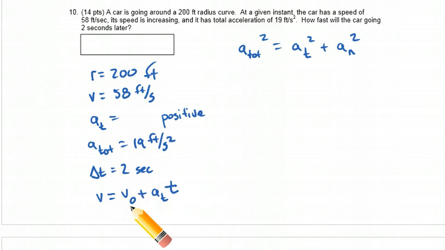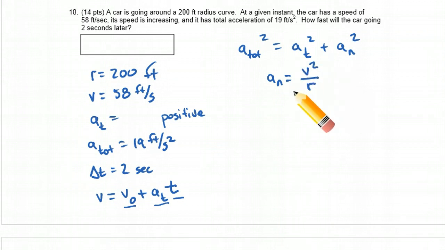We know the initial velocity and we know our time, so we need to find the tangential acceleration to find that final velocity. To find the tangential acceleration, we know the total acceleration, and we also need to remember that a sub n is a function of v and r. a_n equals v squared over r. So the normal or centripetal acceleration is that equation.